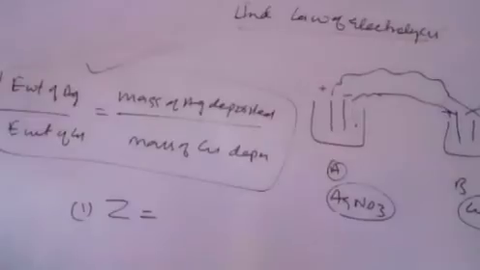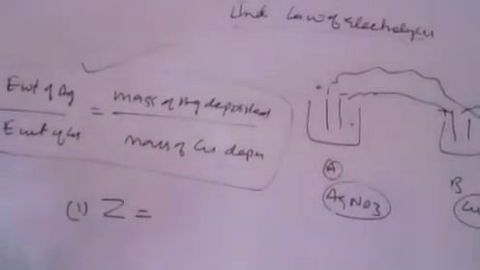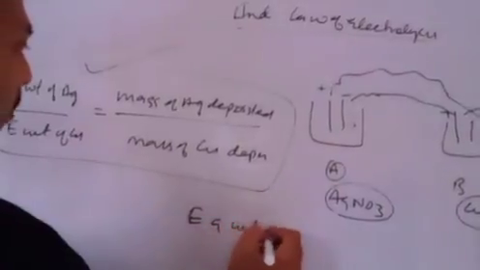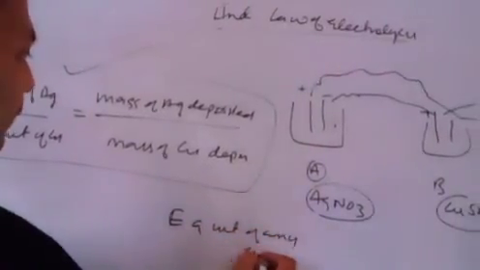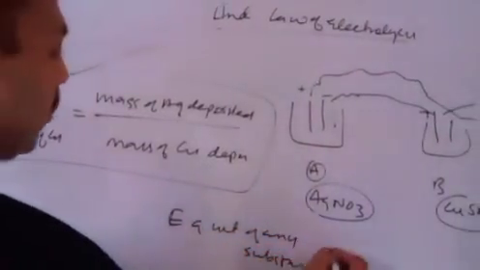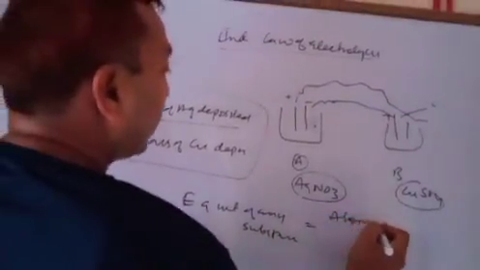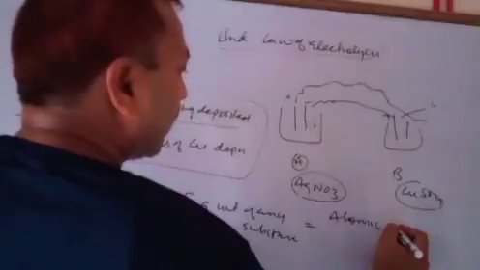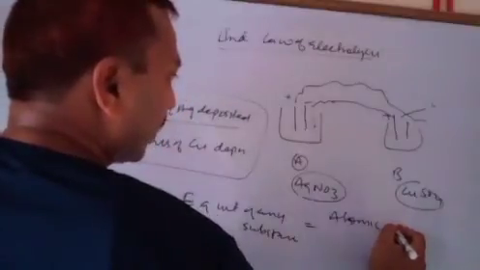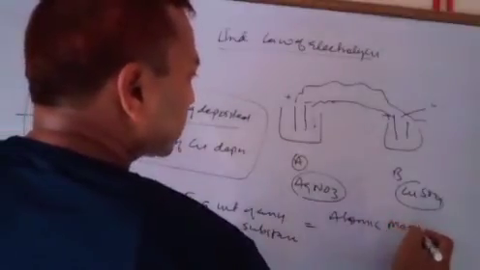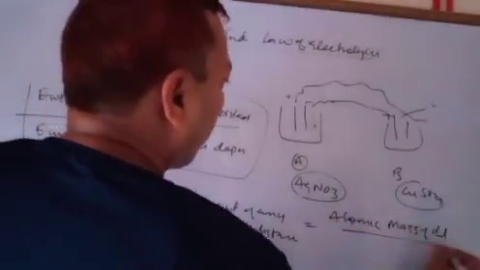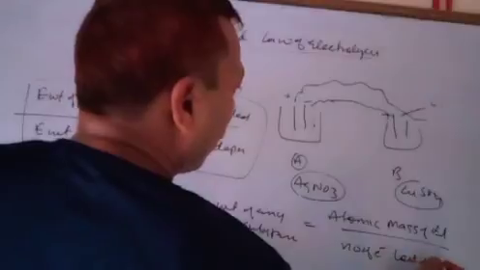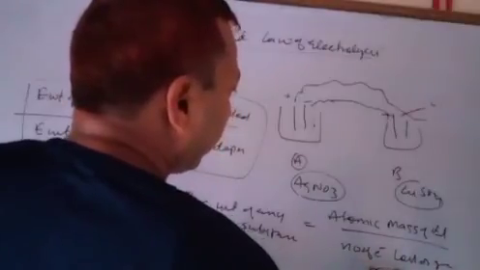And we also know, this is very important, Z and equivalent weight. How can we calculate the equivalent weight? The equivalent weight of any substance is equal to the atomic mass of the element upon the number of electrons lost or gained, or valency.